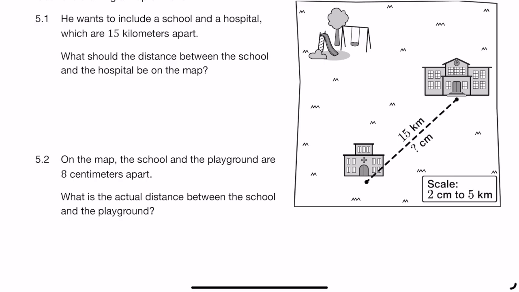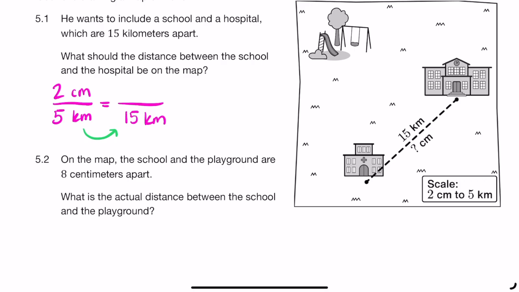So we'll write that scale down. Okay, 2 centimeters is equivalent to 5 kilometers. And then here we have 15 kilometers. So we're trying to figure out what that distance should be on the map.